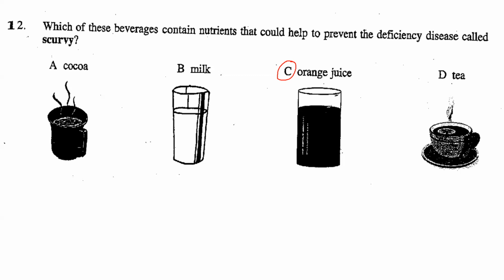It has what, vitamin what? What does orange juice have? Can anyone help him? Vitamin C, sir. Vitamin C. Very good.